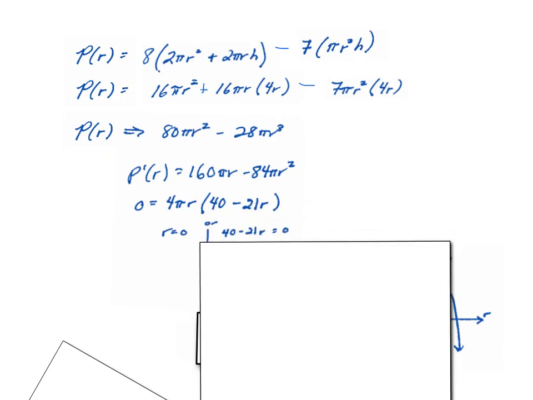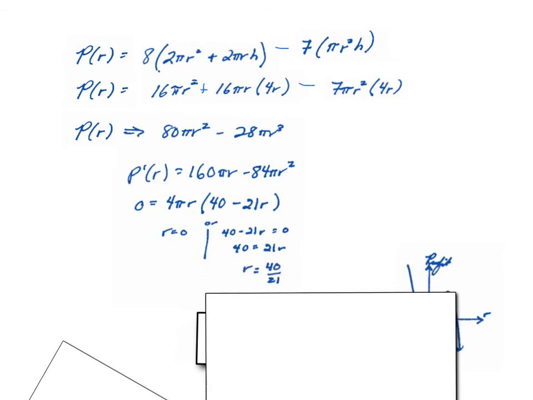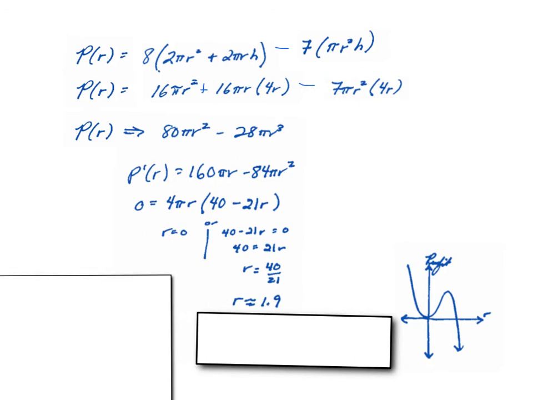The next critical number comes from 40 minus 21r equaling 0. So r equals 40/21sts. That's almost 2, but not quite 2. It's like a 1.9 or something there. There's more decimals. You can be more precise. But I'm okay with that.